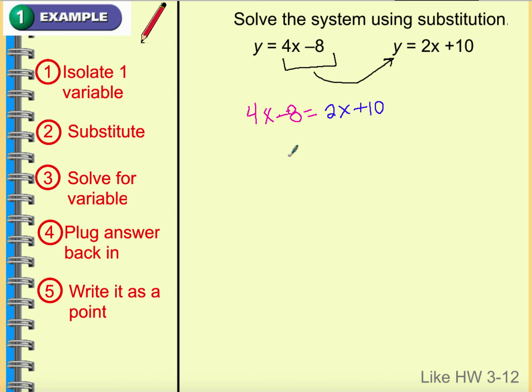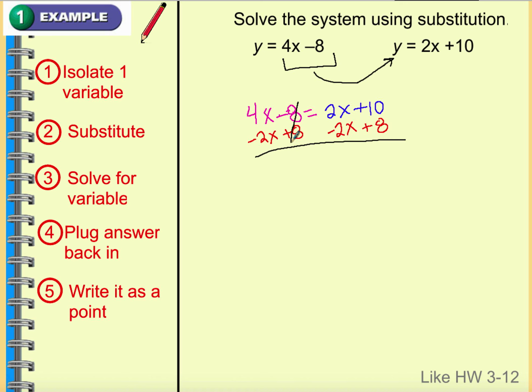All we have to do is get all of our variables onto one side and all of our constants onto the other. So I'm going to subtract 2x over to the other side. And then I'm going to add 8 over to that 10. Using the opposite operation will get you right across that equal sign.